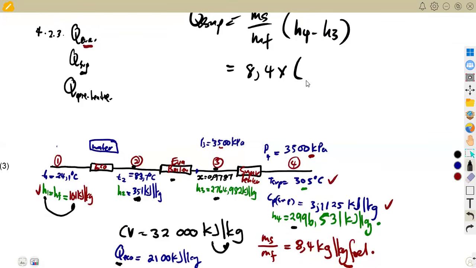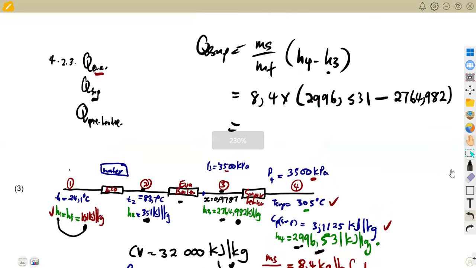So times H4, we calculated. This is our H soup, remember? That is 2996,531 minus H3, which is our H wet from the boiler. We calculated this. That's 2764,982. So that was going to give us the Q absorbed by the superheater. So the superheater was going to absorb 1,945 times 0116, something like that.